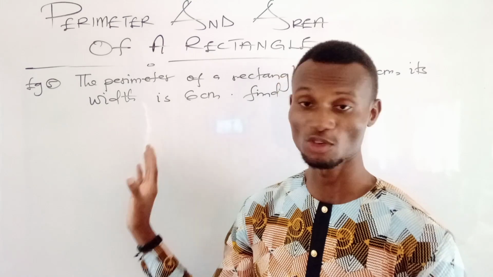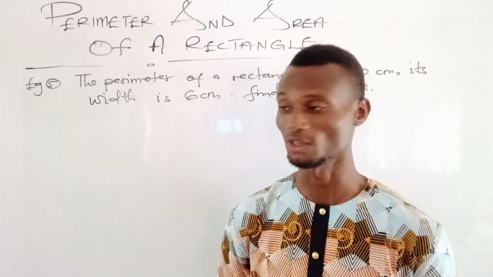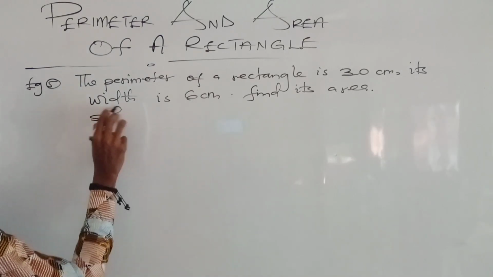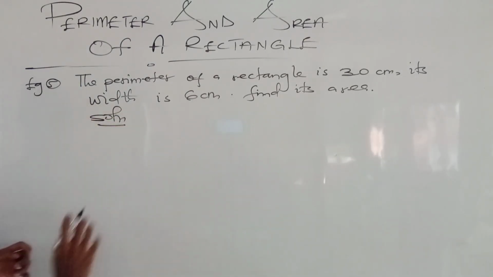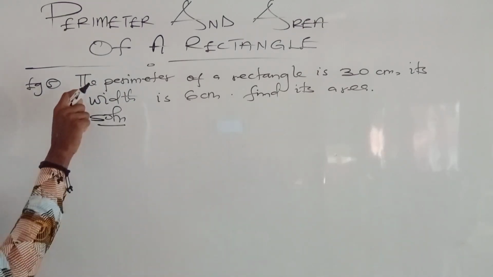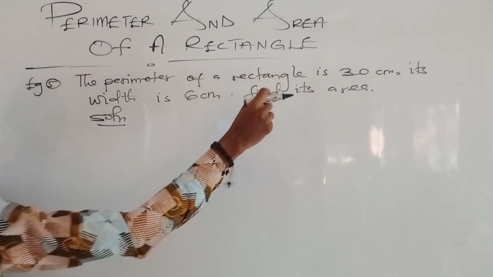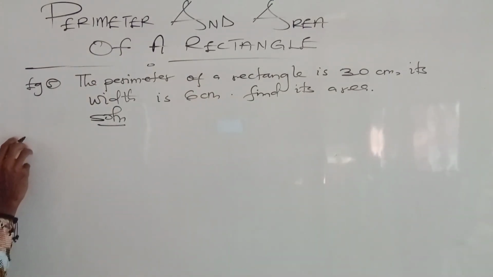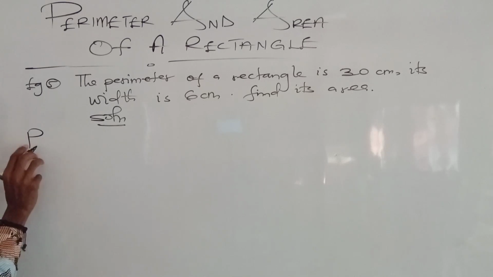So let's go through that process and solve it. Let me write my solution and let's do it together. Let's read again, then we'll write down all the information given in the question. It says the perimeter of a rectangle is 30 centimeters. So we write our perimeter down, because you have been given the perimeter.